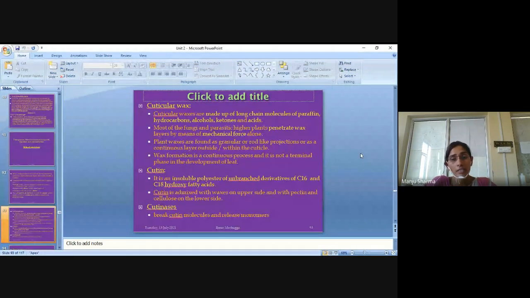Plant waxes are found as granular or rod-like projections or as a continuous layer outside within the cuticle. Wax formation is a continuous process, and it is not a terminal phase in the development of the leaf.